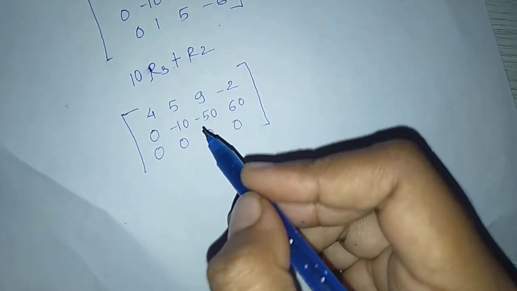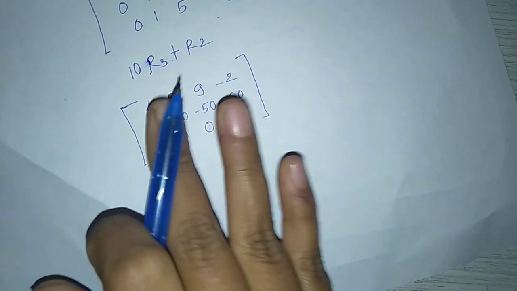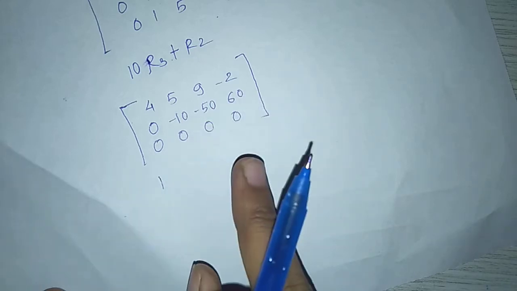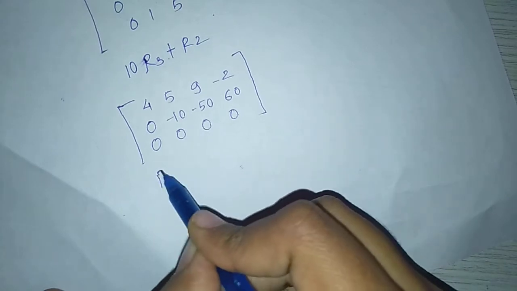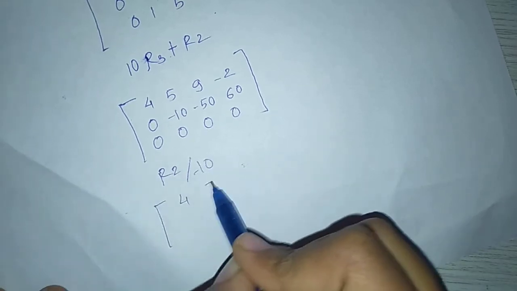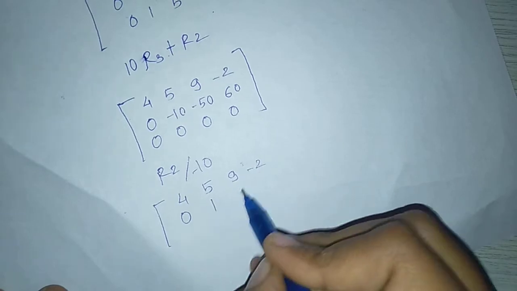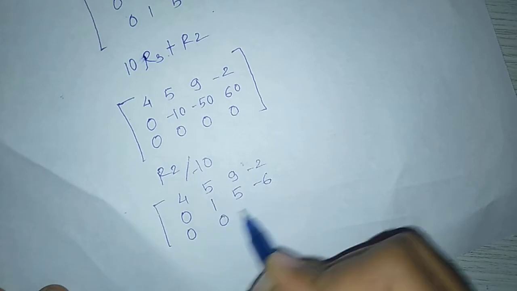Now this is the row echelon form. Now we convert it into reduced row echelon form by applying row operations. First row operation is R2 upon -10. We get first row as it is, second row becomes 0, 1, 5, -6, third row as it is.